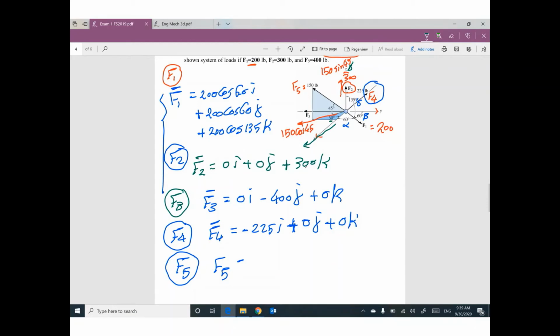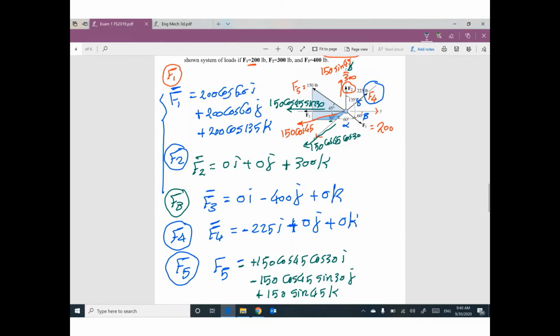So we will have 150 cosine 45 cosine 30. And in the negative y direction it will be 150 cosine 45 sine 30. So your components for F5 will be positive 150 cosine 45 cosine 30 in x, negative, don't forget any sign, 150 cosine 45 sine 30 in y, and positive 150 sine 45 k in z.